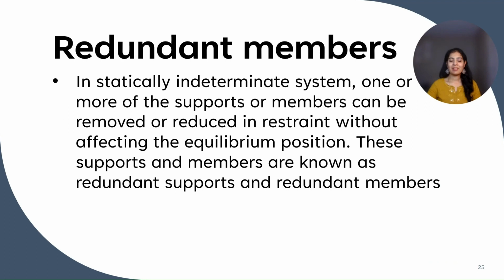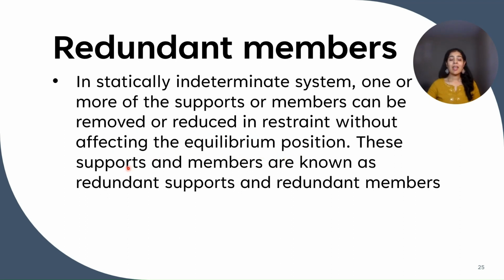Redundant members. Redundant means surplus or extra, like in English, the example of merge together. Here these two words mean the same. So like that, in a structure also there are surplus supports or surplus members which can be removed or reduced without affecting the equilibrium conditions.